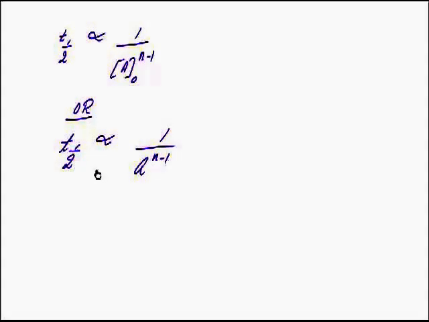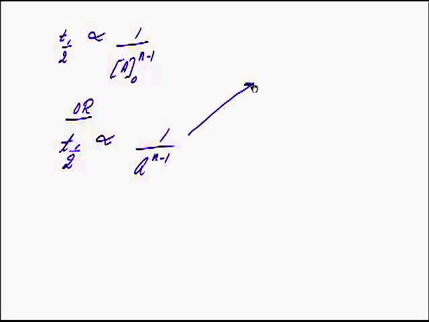From these mathematical derivations, we can conclude that half-life of any reaction is inversely proportional to initial concentration of the reactant raised to minus 1. So I can always write this as t half is proportional to a raised to n minus 1, where n is the order of the reaction.